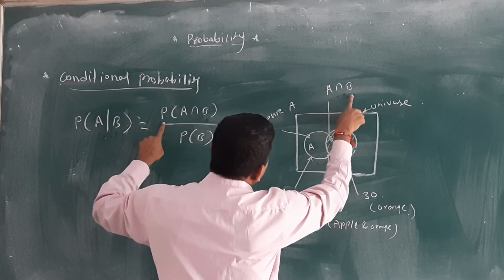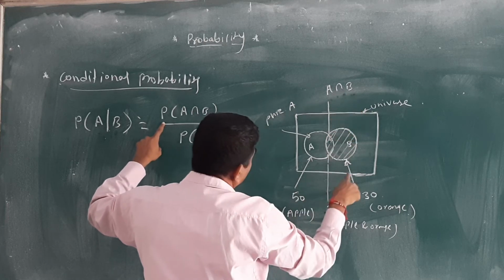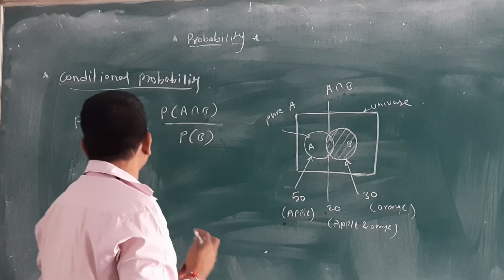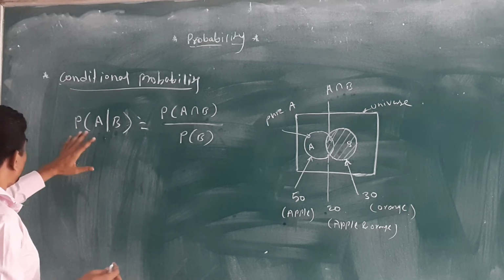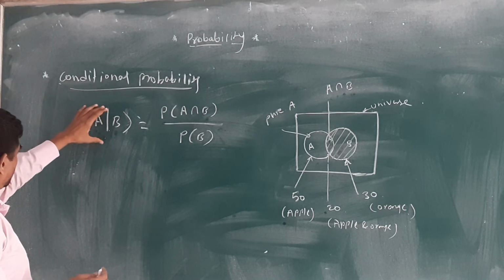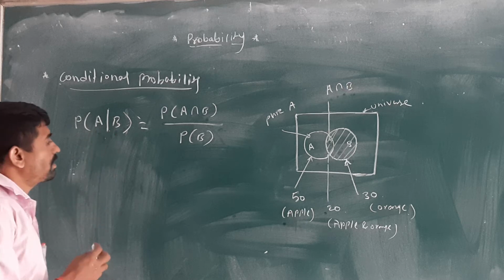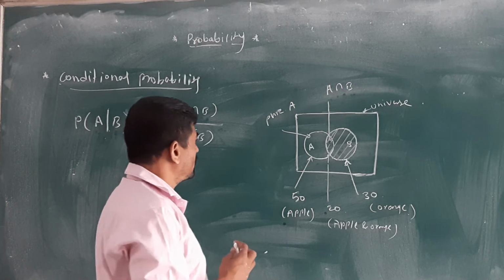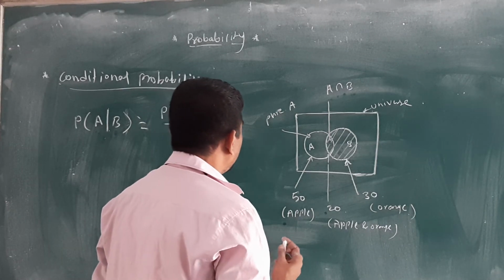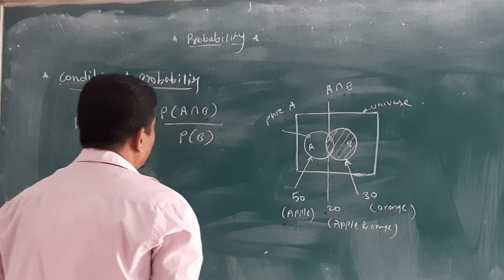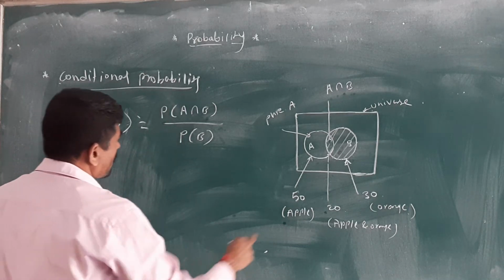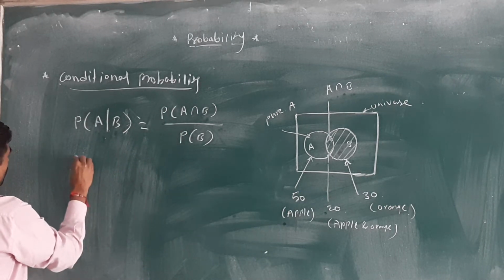With the help of that you can calculate the probability of A given that B has already occurred.